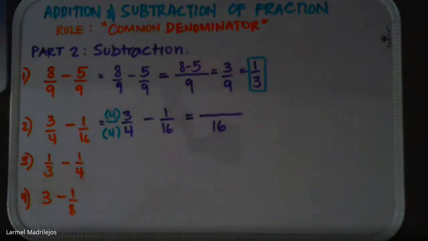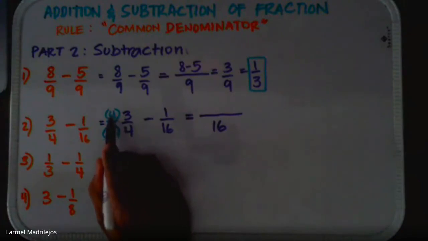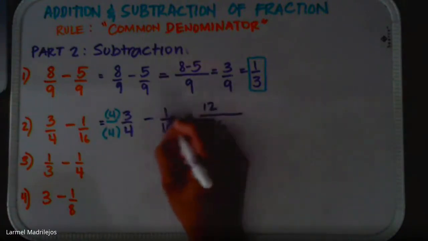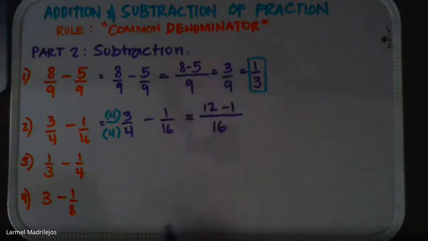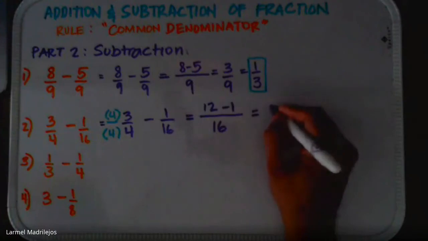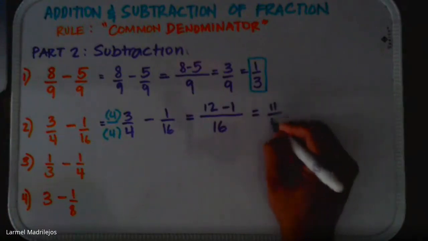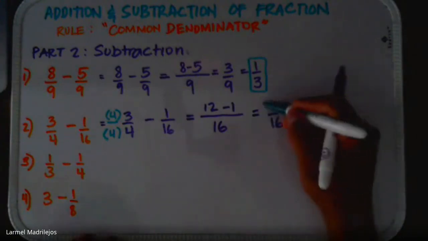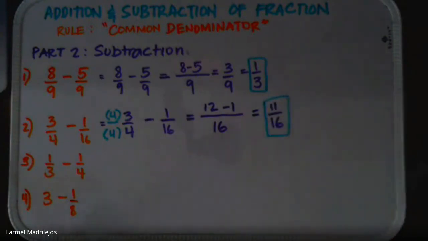Now let's do the operation. 4 times 3 is 12. Copy this number here, minus 1. 12 minus 1, 11 over 16. Can we simplify? No. That's the final answer.